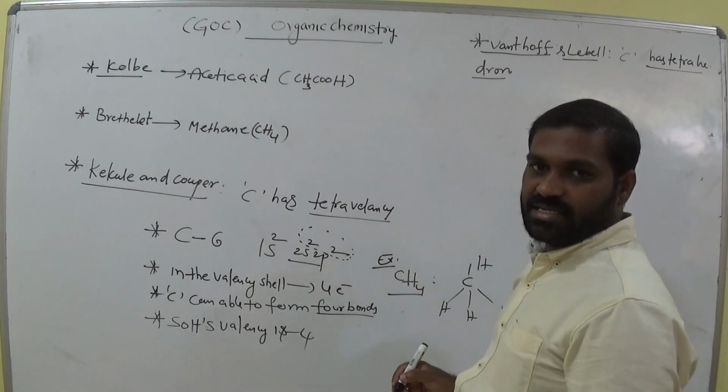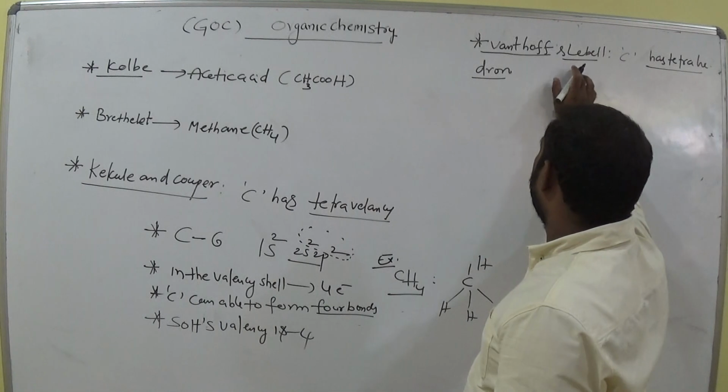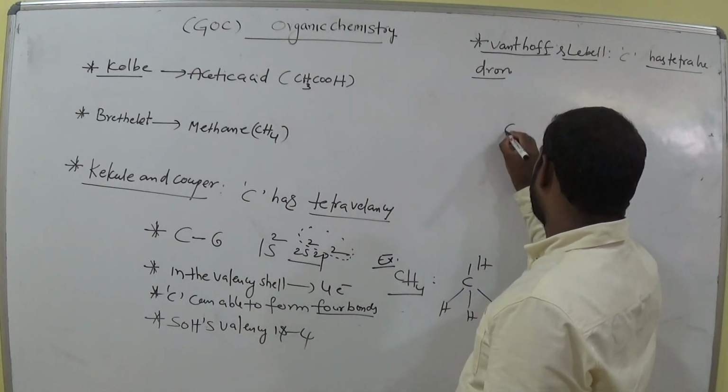Carbon has tetrahedron. Who proposed that? Van Hoff and Liebel. Tetrahedron means this is the carbon, am I right?